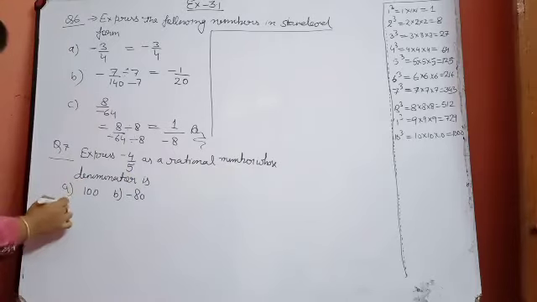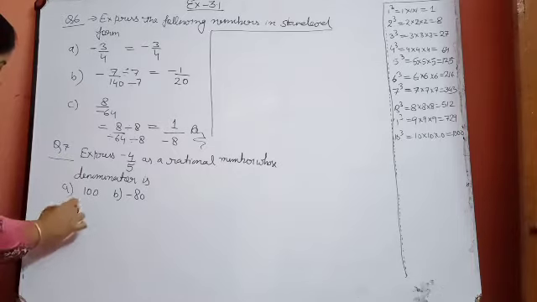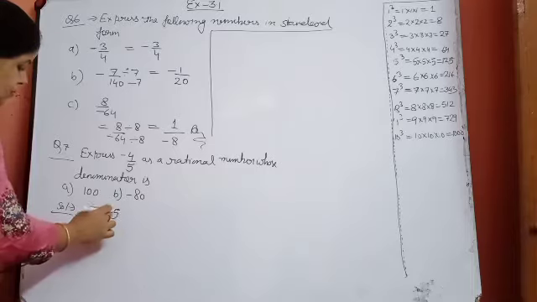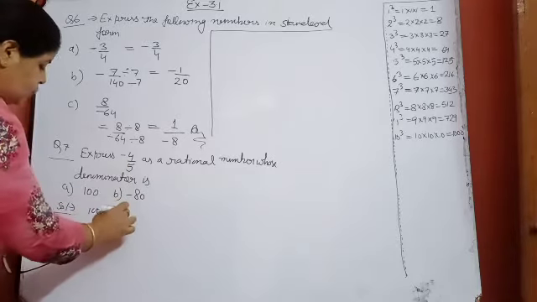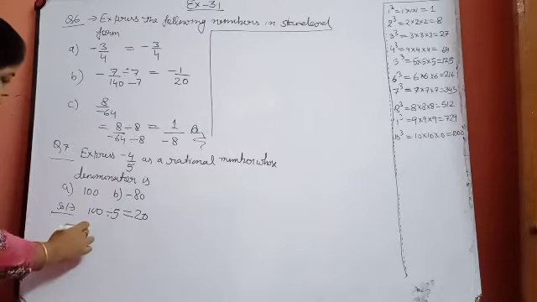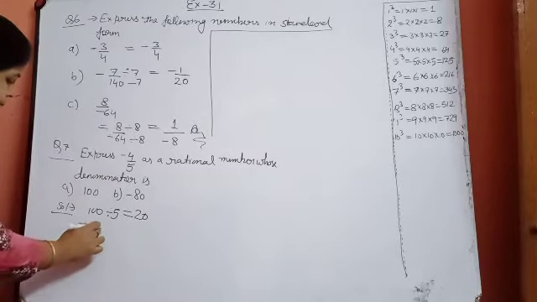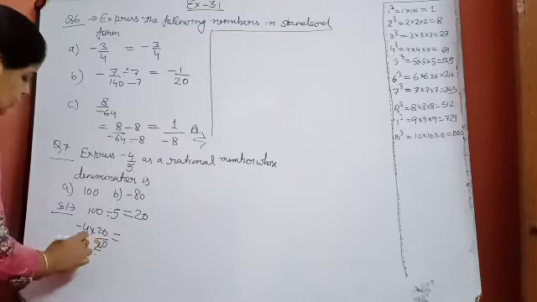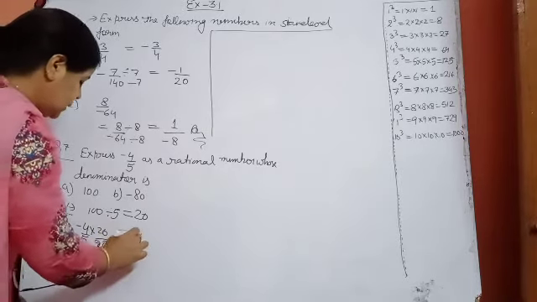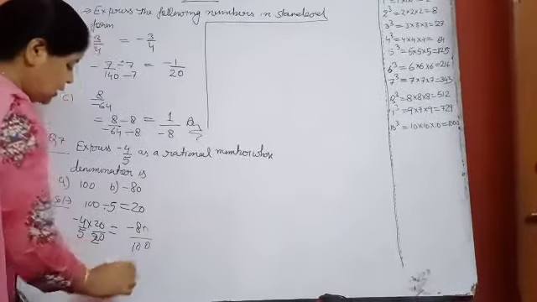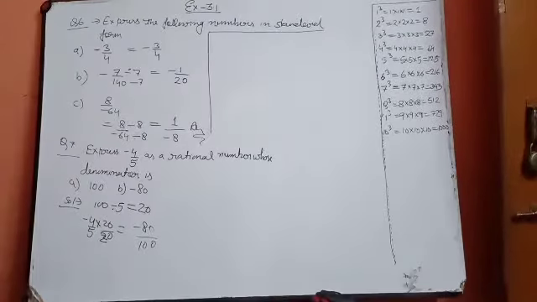You divide the denominator 100 by 5. If you divide 100 by 5, what you will get? 20. So minus 4 upon 5 should be multiplied by 20 upon 20. So what you will get? 4 twenties are 80, minus 80, and 5 twenties are 100. You can see that in this way, this denominator has become 100.